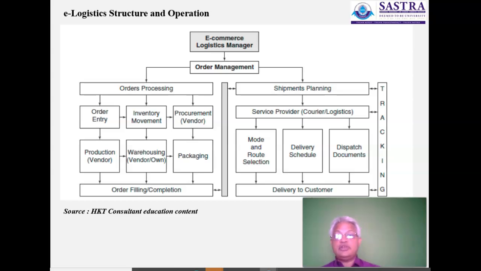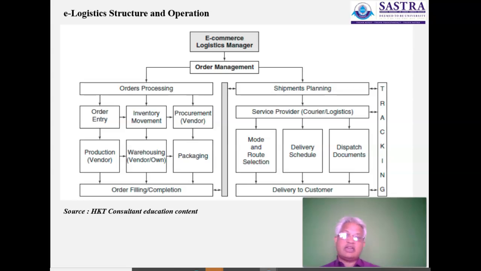So now we'll bring back these arrows. For a moment, I told you to forget all these arrows. Order processing can involve various activities like order entry, inventory movement, or procurement. When we talk about procurement, look at this arrow that goes down from procurement directly to packaging. What is the meaning of that?